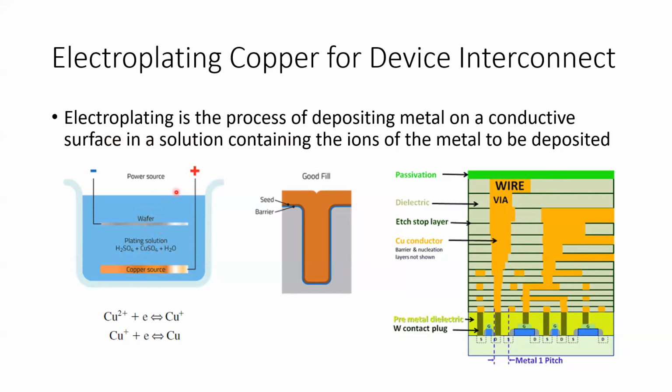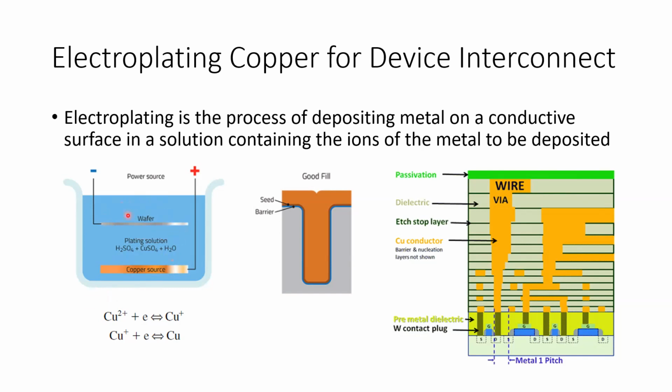We use this solution to deposit copper. In this solution, we have copper ions. For example, the copper ions accept the electrons, and then we will have copper atoms on top of the wafer.